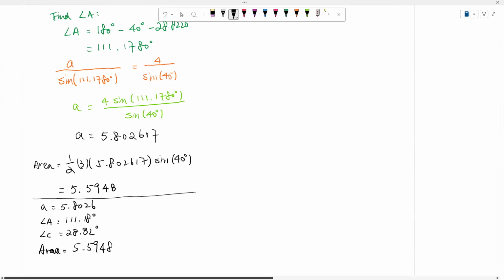Again, the angles we round to 2 decimal places, and the measurements of length and the area we round to 4 decimal places. Of course, you know that more digits make it more accurate, right?